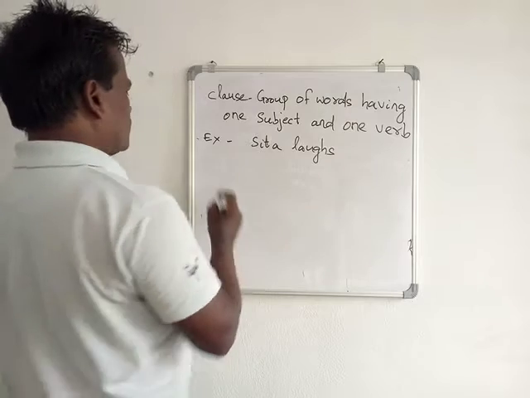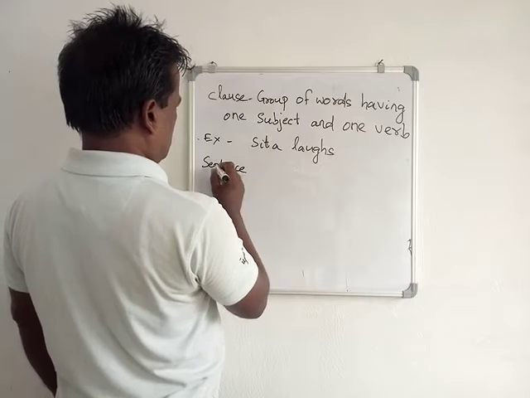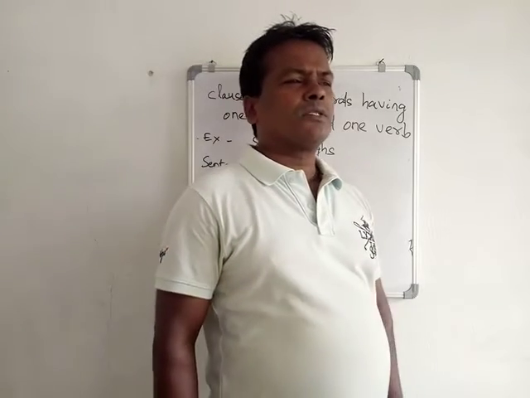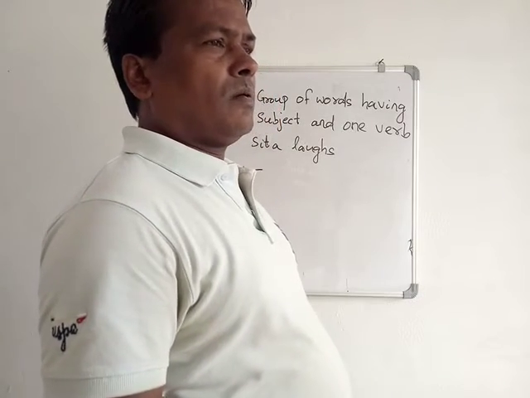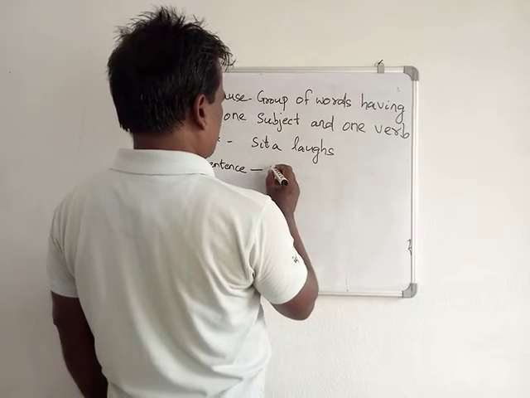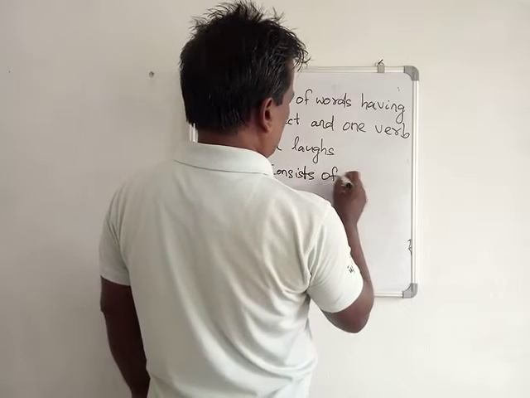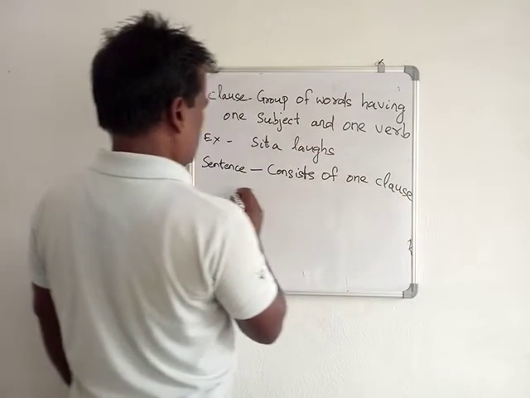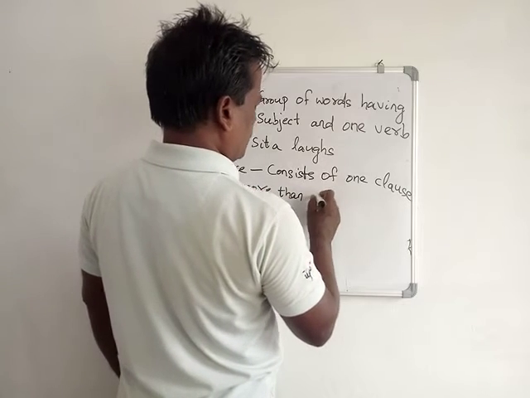Then we come to sentence. A sentence is a group of words having more than one subject. A sentence consists of one clause or more than one clause.